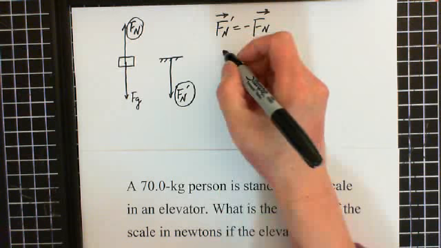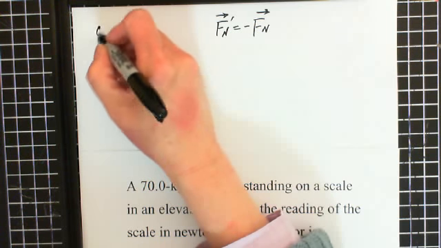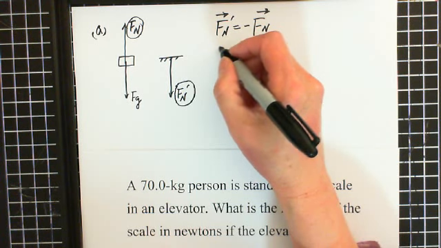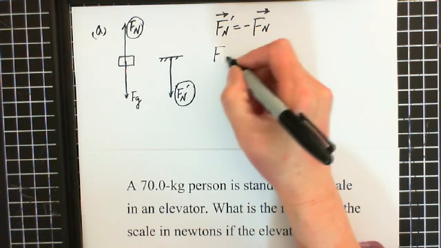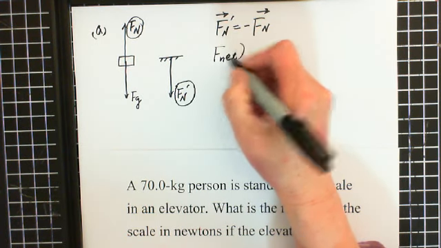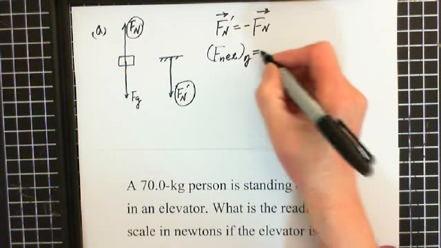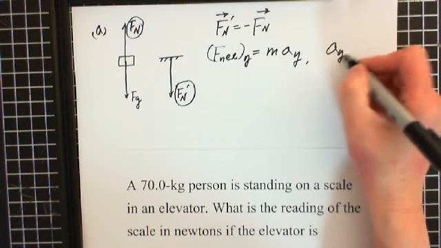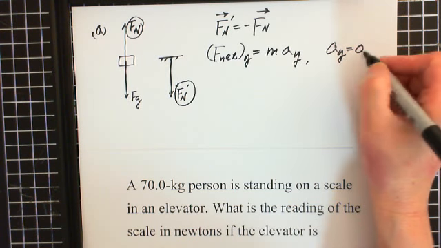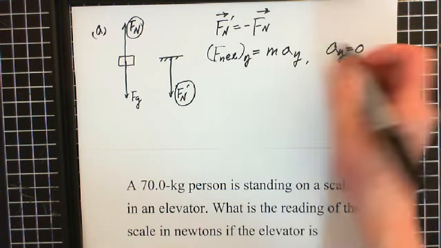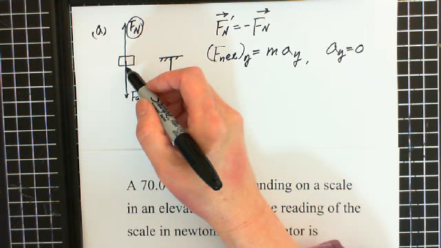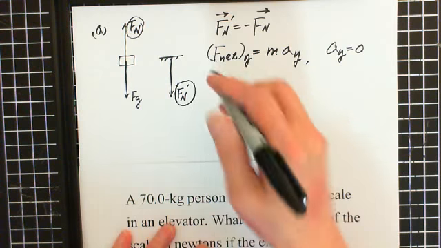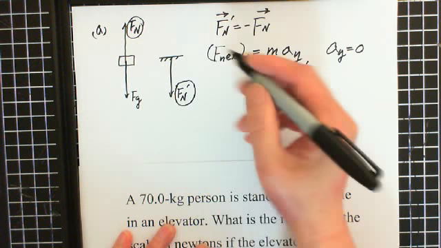Because of constant velocity, the net force in the y direction equals 0, so acceleration equals 0. So net force equals 0, and that's why these two forces are equal.